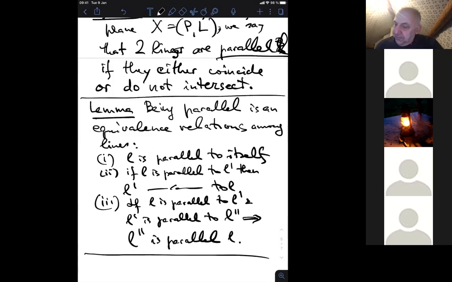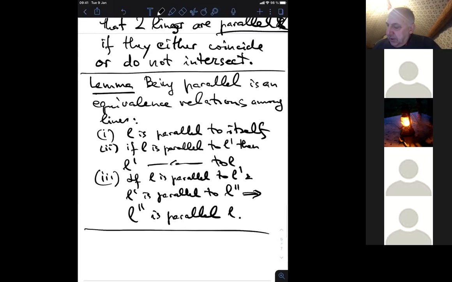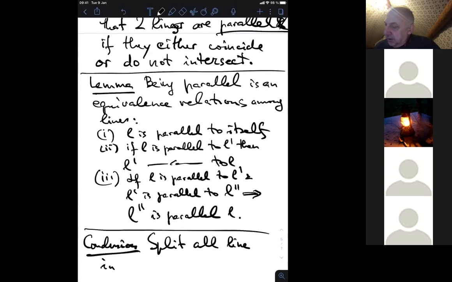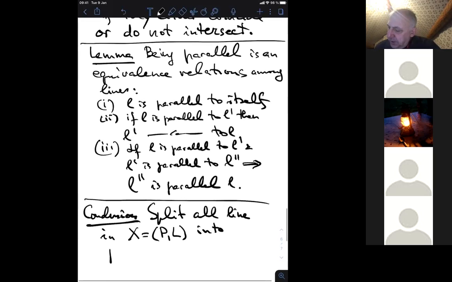Okay, now using this, a small conclusion: we split all lines in our affine plane into what are called parallelity classes.